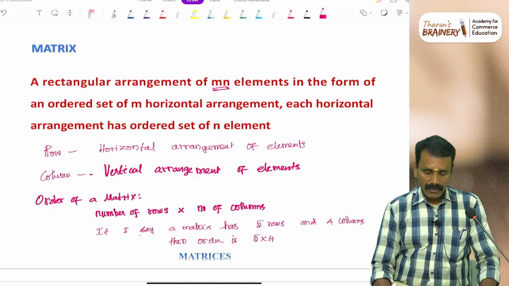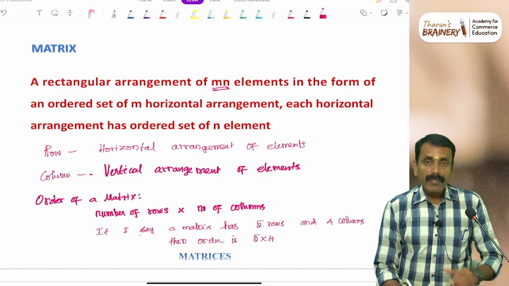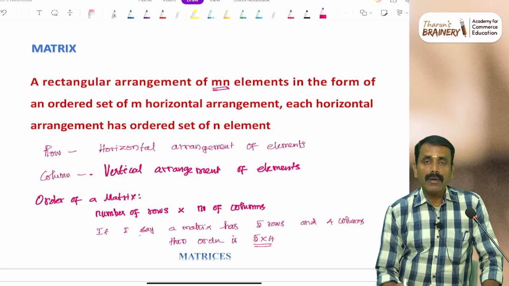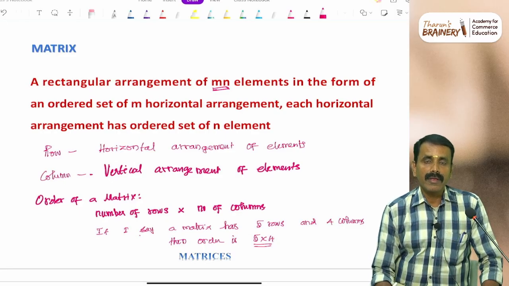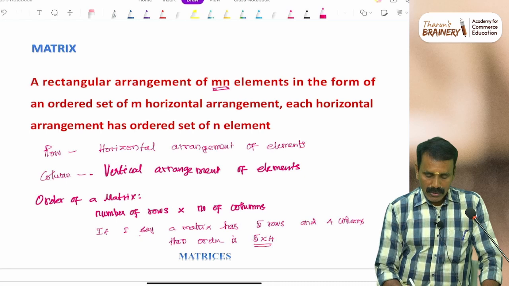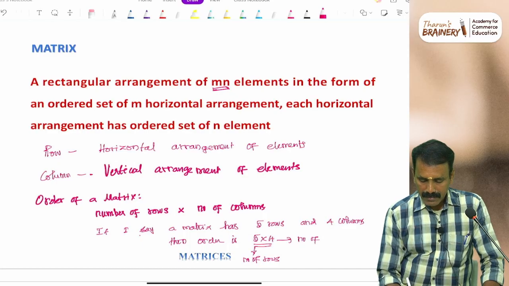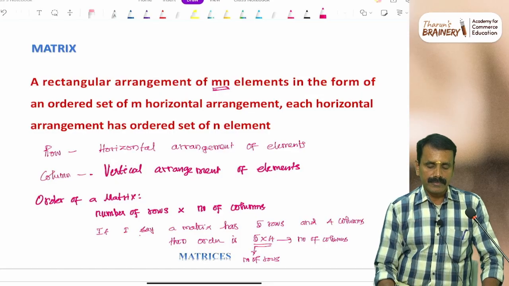You might have noted that when we write 5 into 4, it should be read as 5 by 4. So, the first number denotes the number of rows, and the second one represents the number of columns.